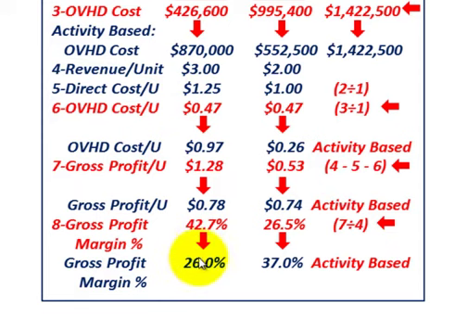Our activity-based is supposed to be a more accurate trace, so you can see that using the direct labor basis, we're saying we're making a whole lot more gross profit than we actually are using our activity base. And for product B, just the opposite is true. We're saying our gross profit margin is 26.5%, based on direct labor alone, versus 37% with activity base.